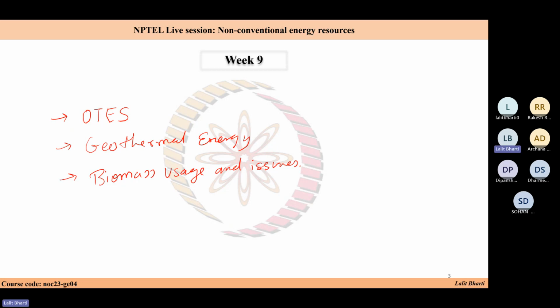Now we are moving towards a new type of energy generation system. These are OTEC, or ocean thermal energy sources, geothermal, and some parts of biomass uses, their advantages as well as their issues. We'll try to cover this in our week 9 course.